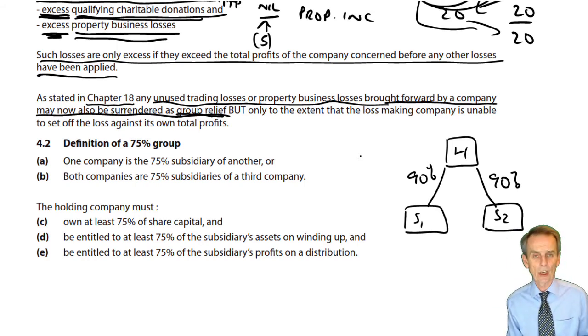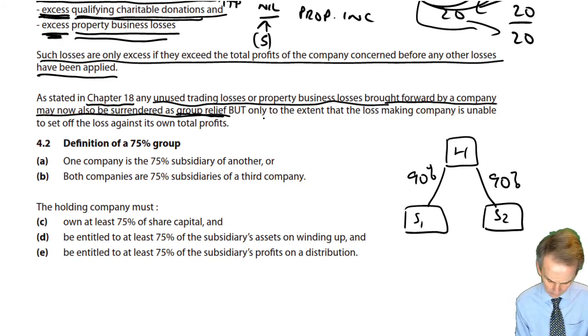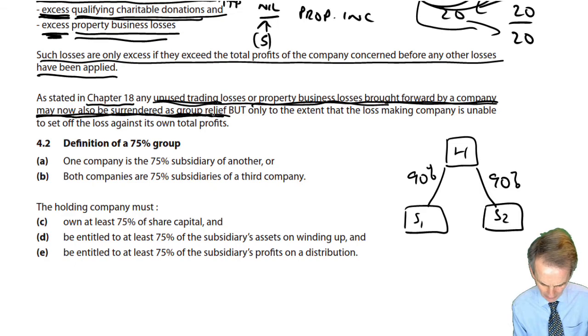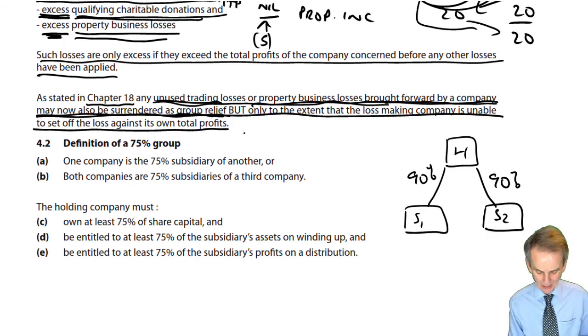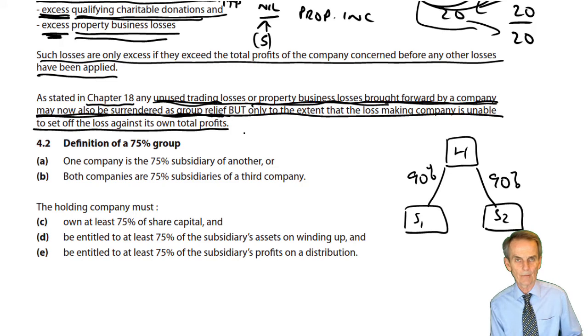But now, with the rules as we have them, unused trading losses or property business losses brought forward may also be surrendered as group relief, but only to the extent that the loss-making company is unable to set that loss against its own total profits.